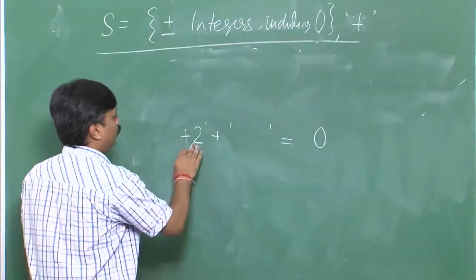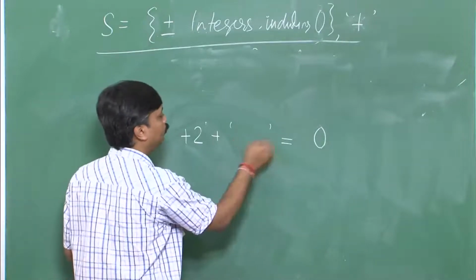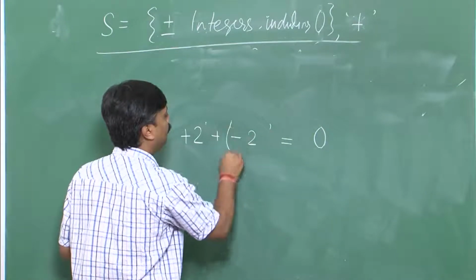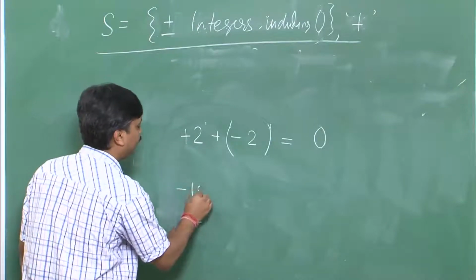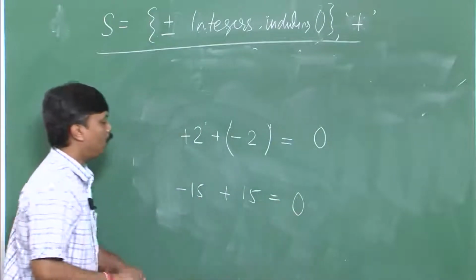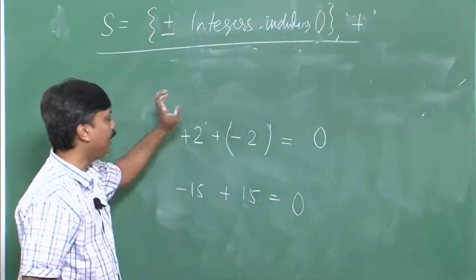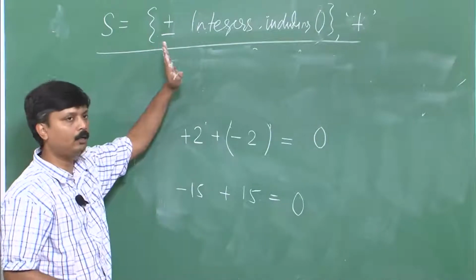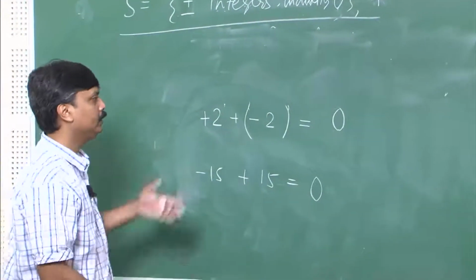So plus 2 will be adding to something which will give 0, and that something must be minus 2. So if I take, say, another example like minus 15, I have to add plus 15 in order to get my identity element. Now all these numbers are integers, so I have a unique inverse for each and every element within this particular set.